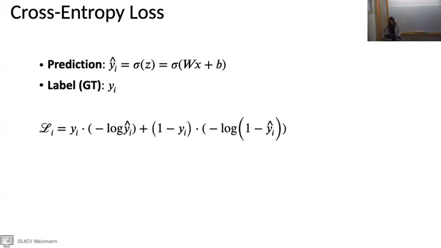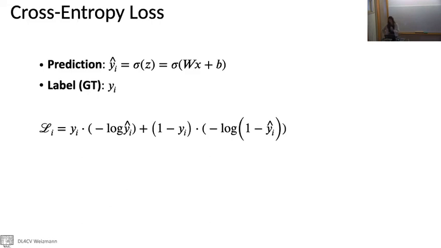Don't be afraid maybe of this long equation. It's actually very interpretable and intuitive. If our y_i is 1, we have only the first term, which is minus log of the prediction. So you can think of it as wanting to maximize the probability of predicting y_i, because we want it to reach 1.